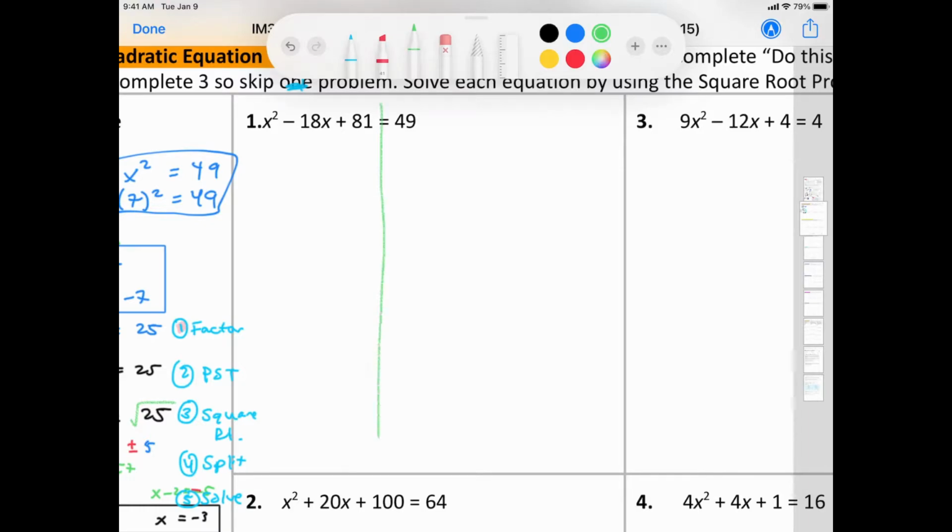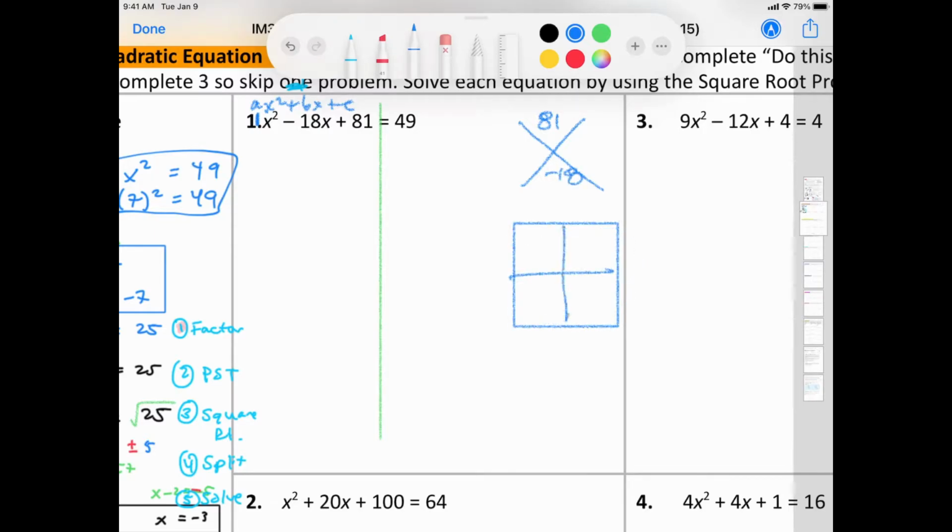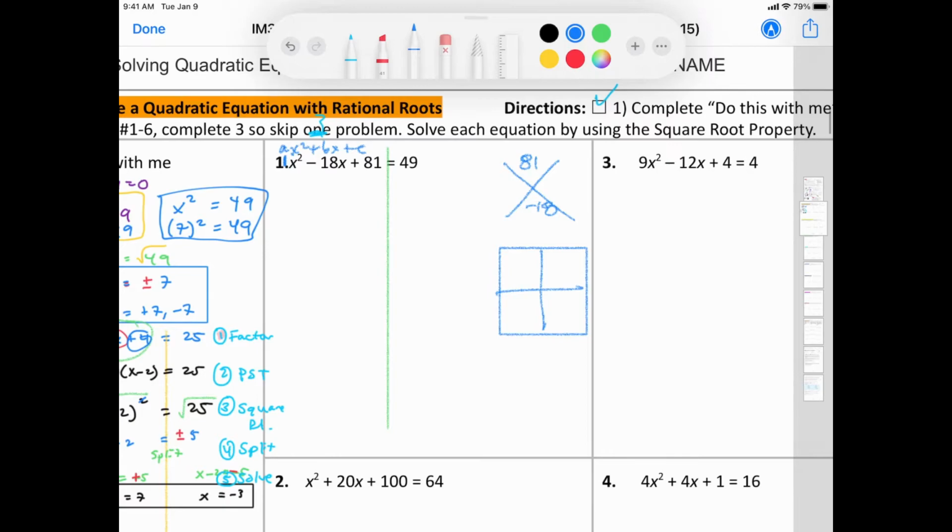All right, let's do the same thing over here. We're going to factor the left. So a times c, remember a is 1, c is 81, my b value is negative 18, and so my two values I'm going to pick are negative 9 and negative 9.